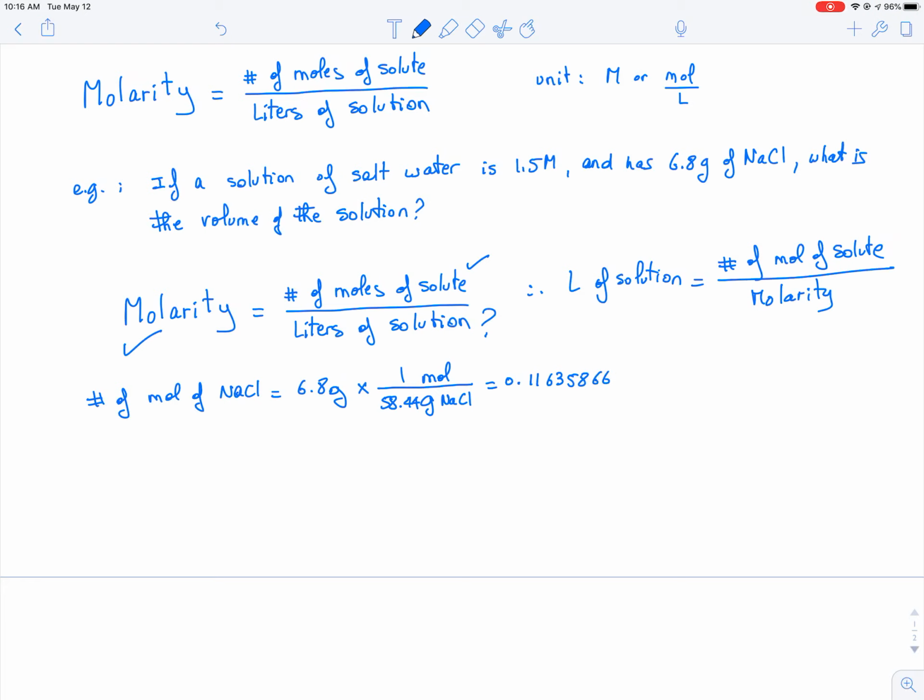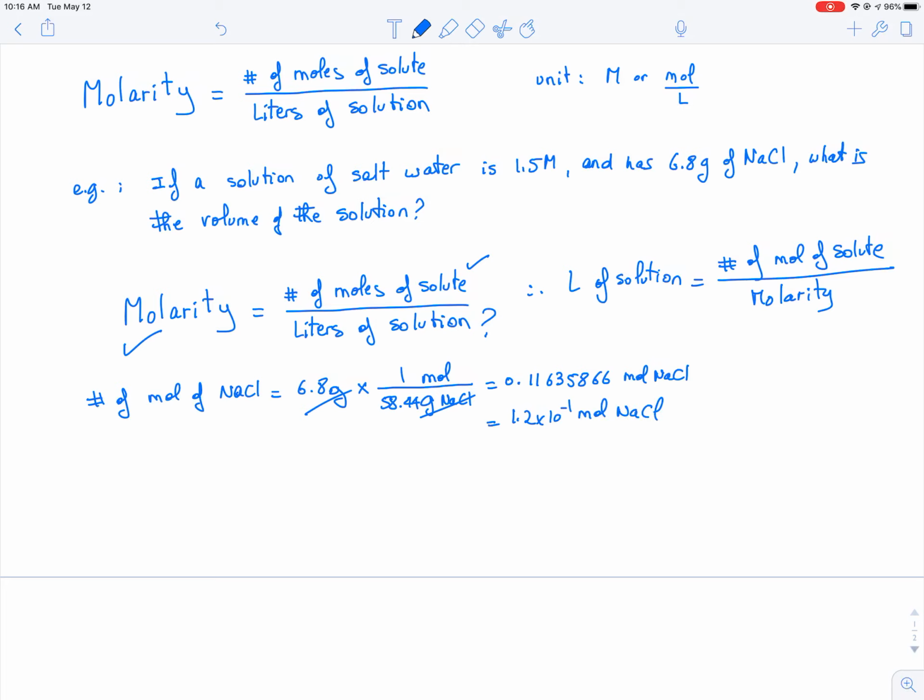That's what the calculator is giving me. And these are moles of NaCl. And of course, we do sig figs in scientific notation. If I have 2 sig figs here, then the answer should have 2 sig figs. So really I have 1.2 times 10 to the negative 1 moles of NaCl.